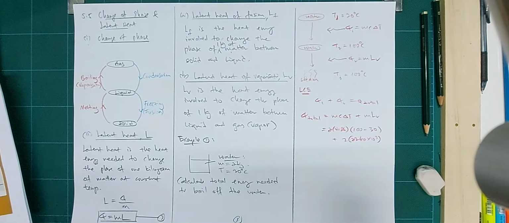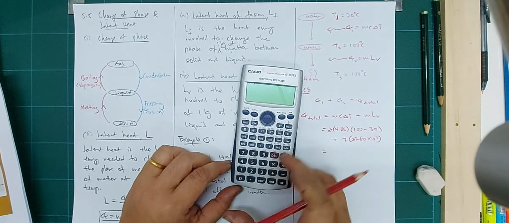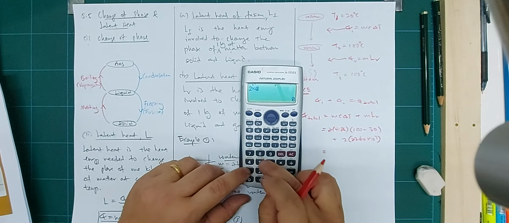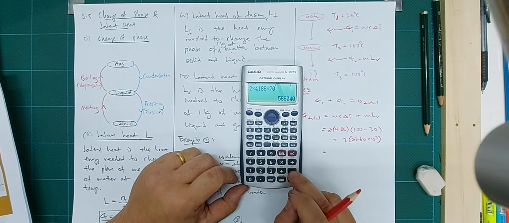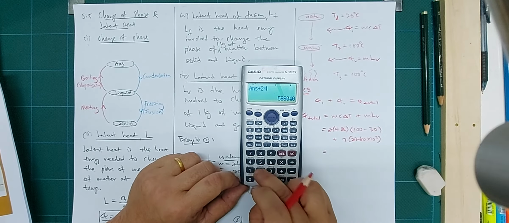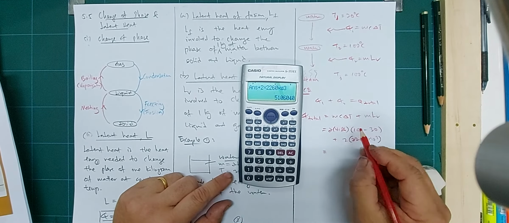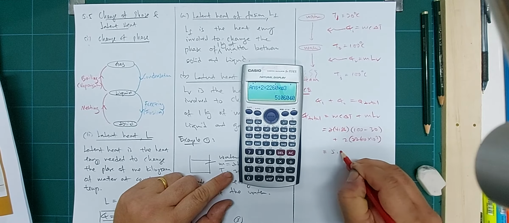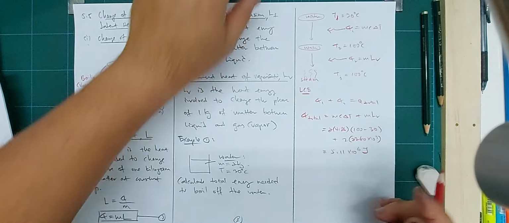So we can calculate now. 2 times 4186 times the difference, which is 70, and then plus 2 times 2260 times 10 to the power 3. You need about 5.11 times 10 to the power 6 joules of energy.